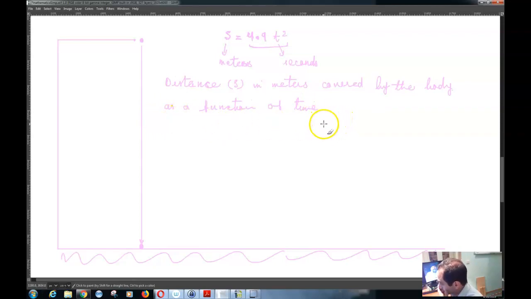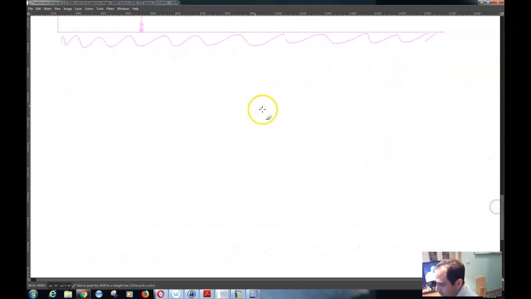So if you think that you don't understand what, for example, distance in meters as a function of time is, you do need to study it. Of course I don't have any videos on functions, but I think it's enough to say that, suppose you have a car over here.